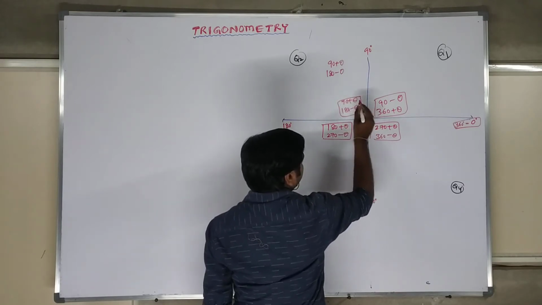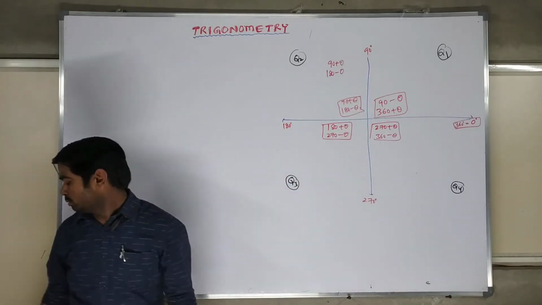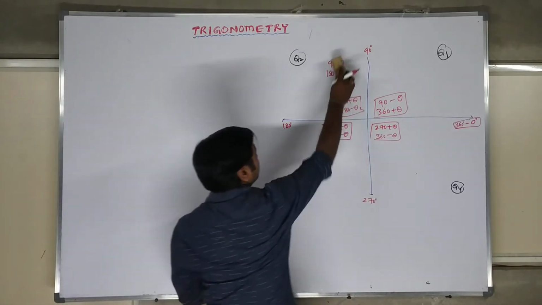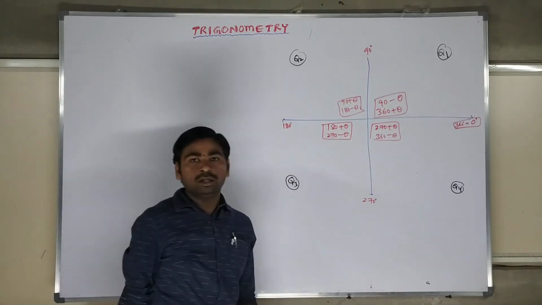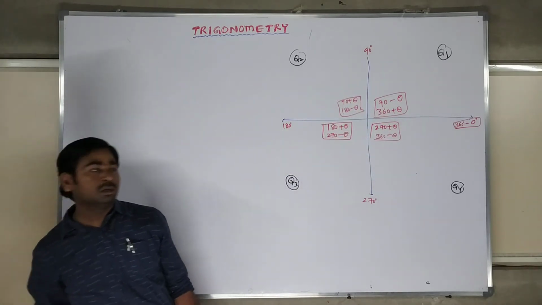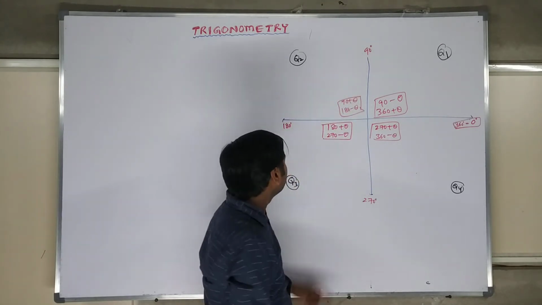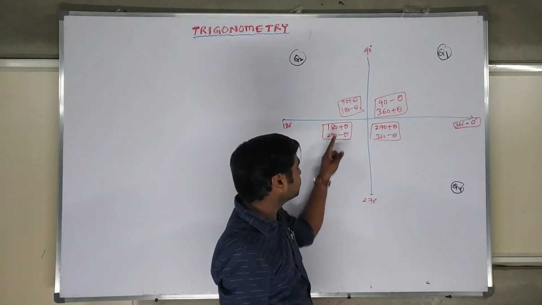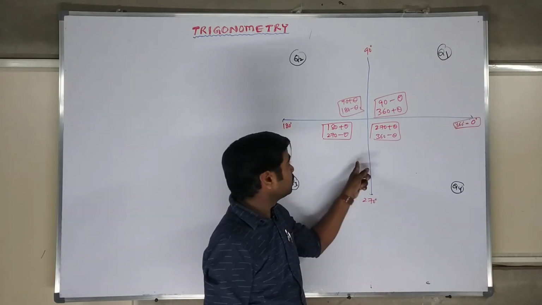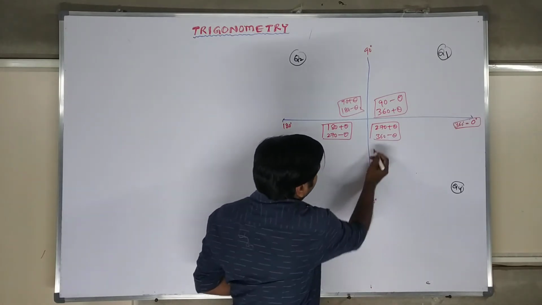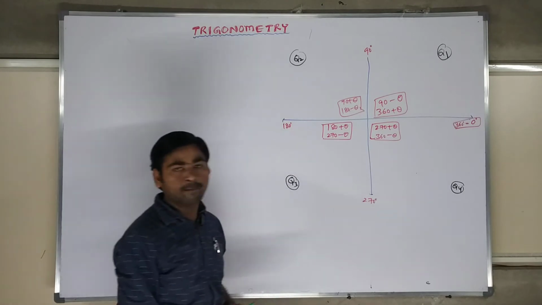This location is very important when doing problems. When I require 90 plus theta, which quadrant is it? Quadrant number 2. 180 plus theta is quadrant number 3. 270 minus theta, 270 plus theta like this. You have to remember these quadrant numbers.